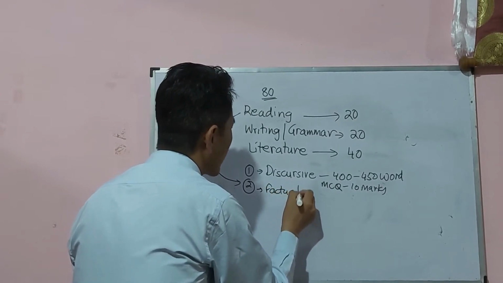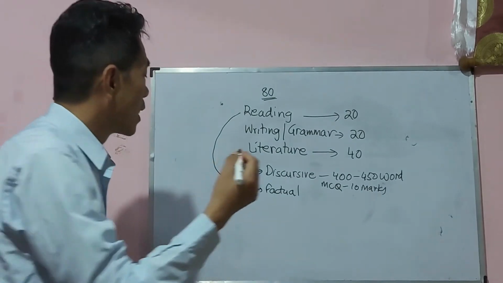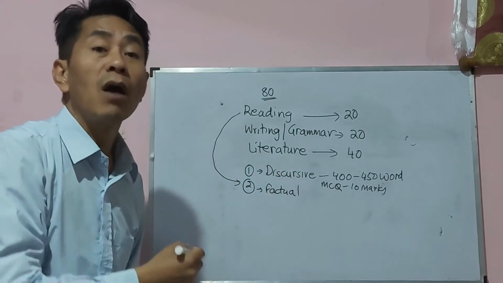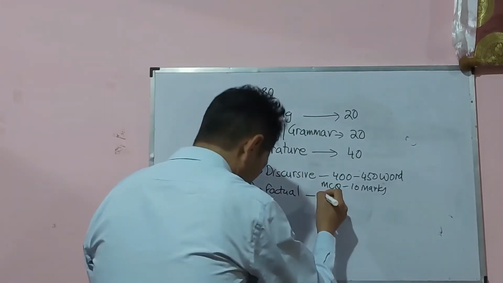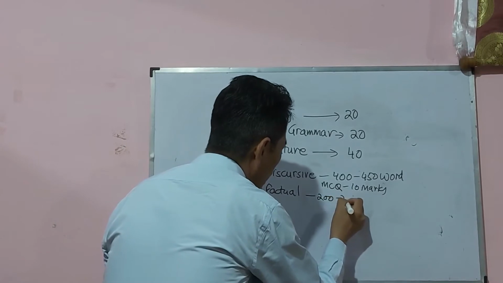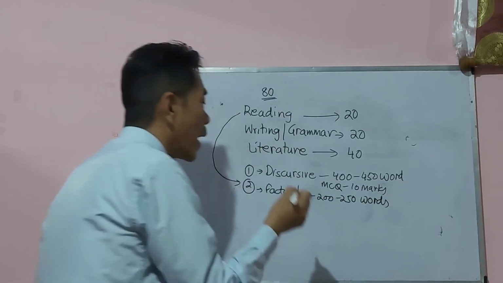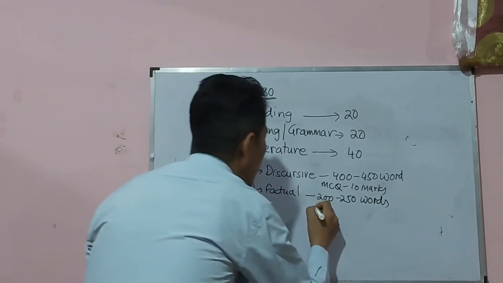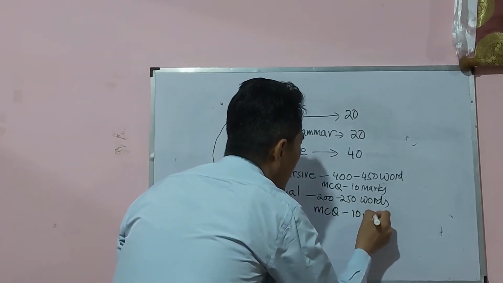a factual passage. A factual passage means a passage which talks about facts. This passage will have 200 to 250 words. Again, the type of questions will be MCQ, and there will be 10 marks.